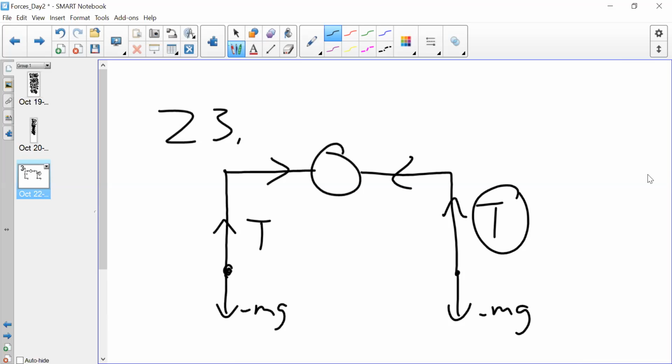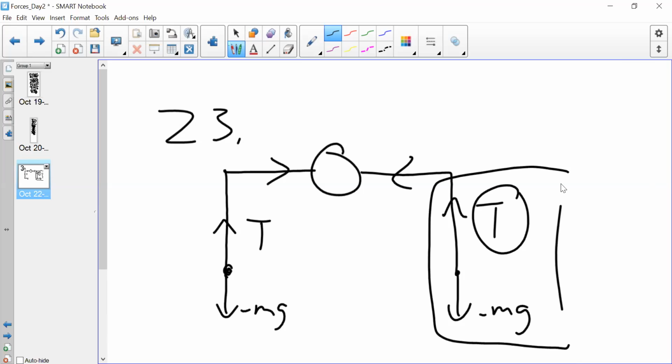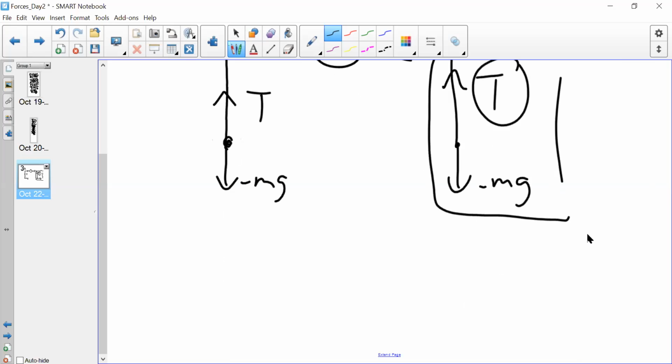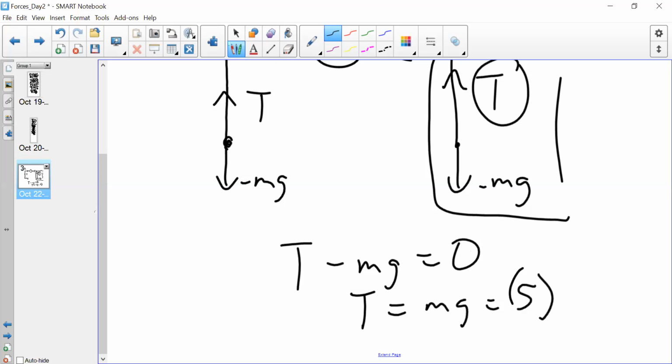First of all, what would the tension equal? Numerically, would it be like negative 5 times 9.8? Well, here, the tension is going to be equal to mg, which equals 5 times 9.8, correct? That's 49.